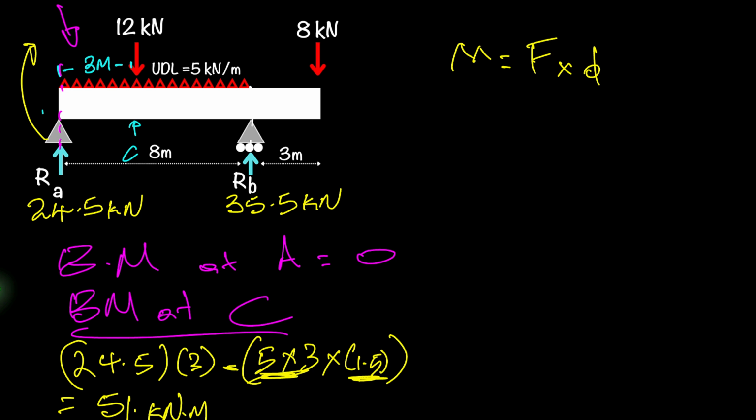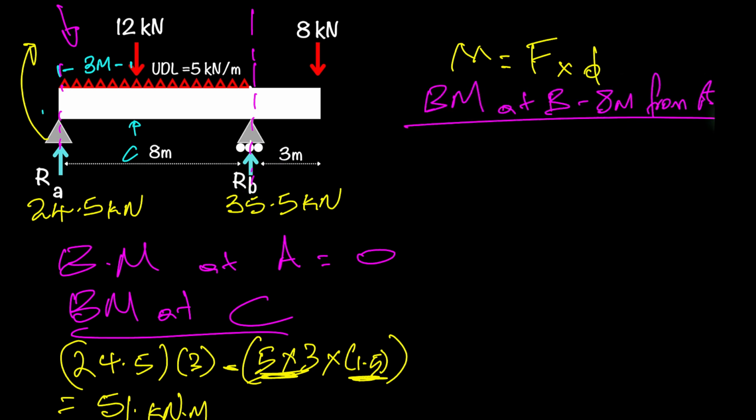So this time around, I'm going to take the bending moment at this point right here. So this is now my new cut right there at that next point where the force is. So that's at 8 meters. So what I'll have then is my 24.5 that's rotating clockwise. So that now will be 24.5, and its distance will increase to 8. Minus now, so this is now my UDL. So this is going to be 5 kilonewtons per meter.